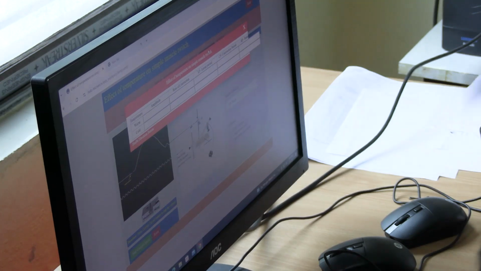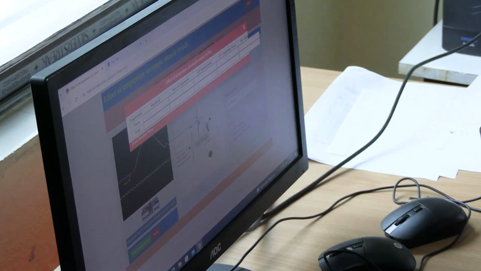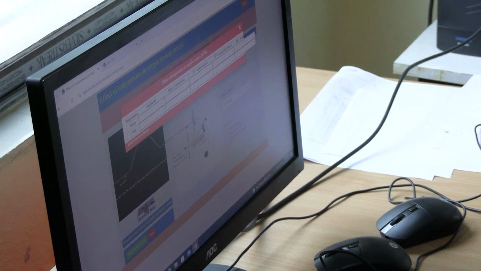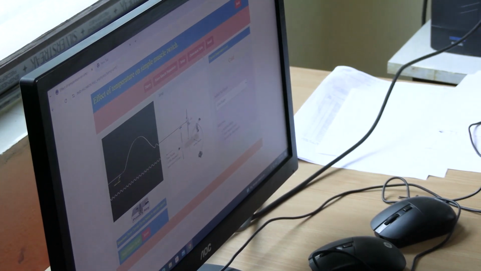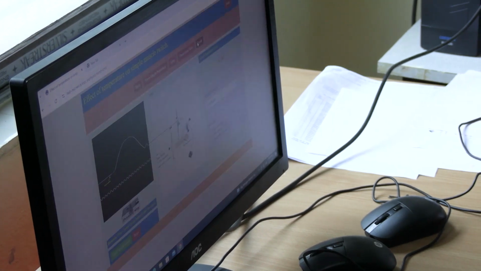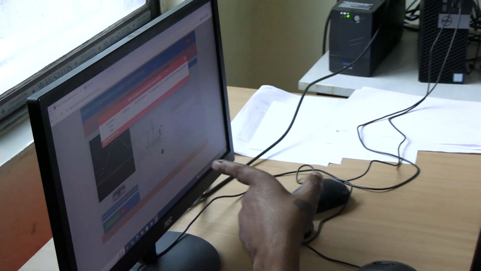So if you divide the distance by the time, you will get a value in millimeter or centimeter per second. That is the rate of contraction: the maximum height of contraction divided by the contraction period. Okay. So this observation will be made, and what is the result? I'll tell you this result.